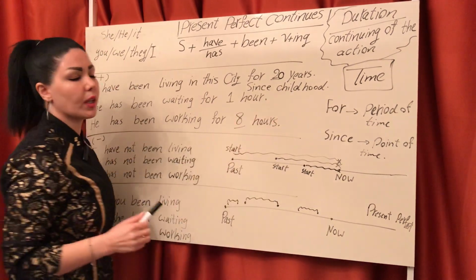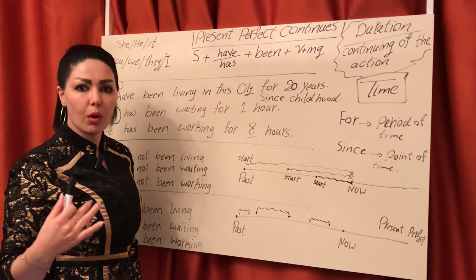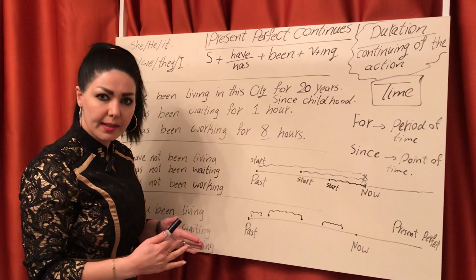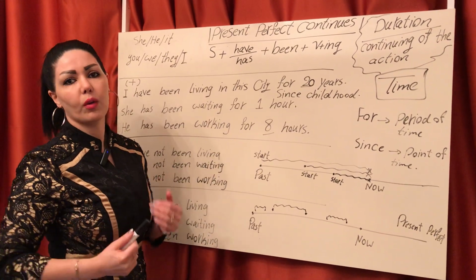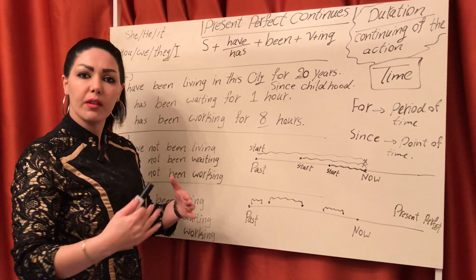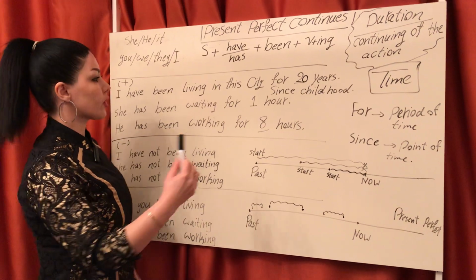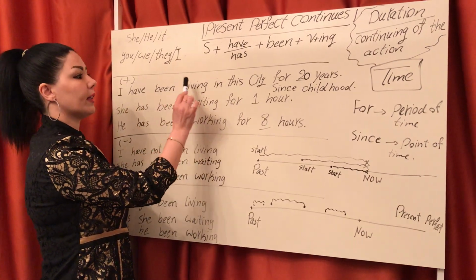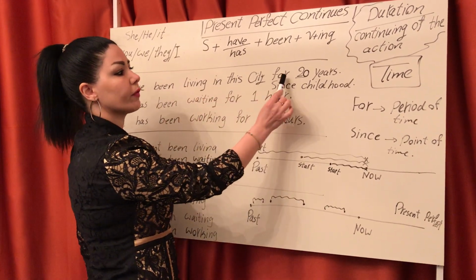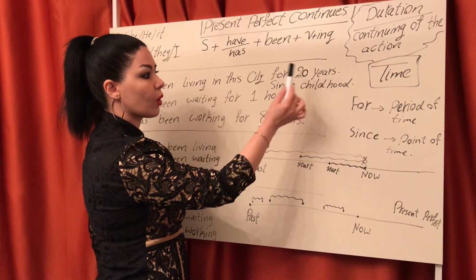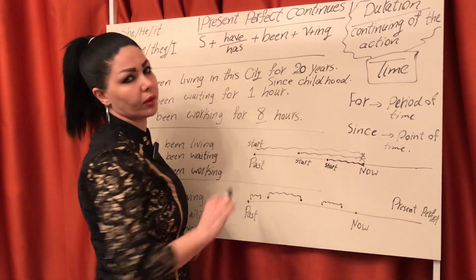Since childhood, when I was born, I lived in this city until now. Now I am living yet. Okay, so I said that I have been living in this city for 20 years or since childhood.